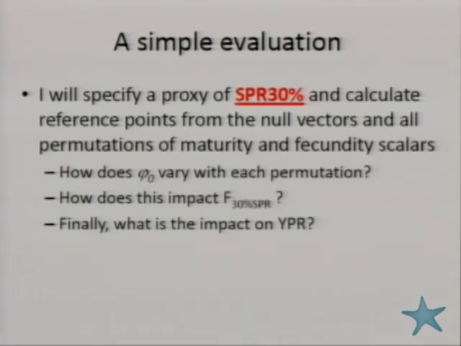And what I want to look at is how this parameter phi0, which is the unexploited spawners per recruit, how does that vary with each permutation of the maturity and fecundity scalars? And then given that, how does that affect your estimate of the F that produces 30% SPR? And then given those ranges of Fs, what is the final impact on the yield per recruit that you estimate?